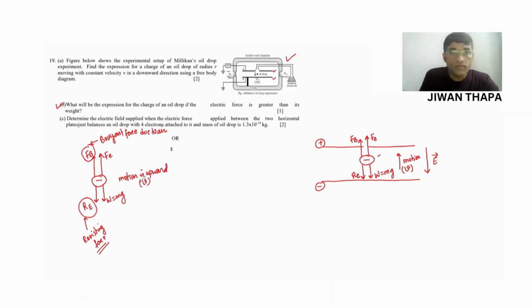Now we know the resisting force Re equals some constant times the speed v, and the constant k according to Stokes is 6 pi eta r. So this is according to Stokes.